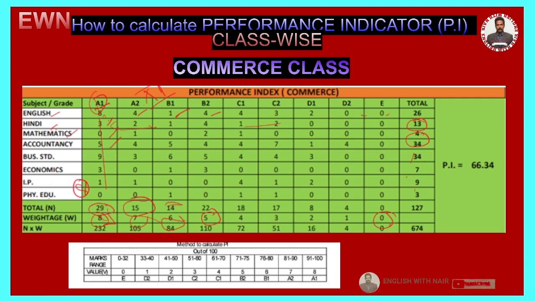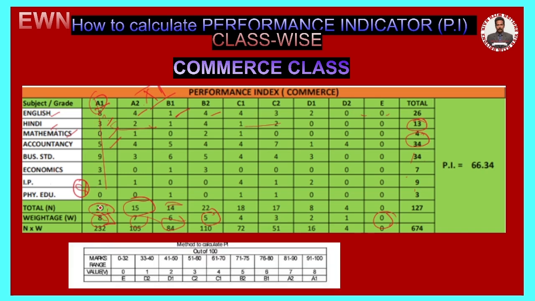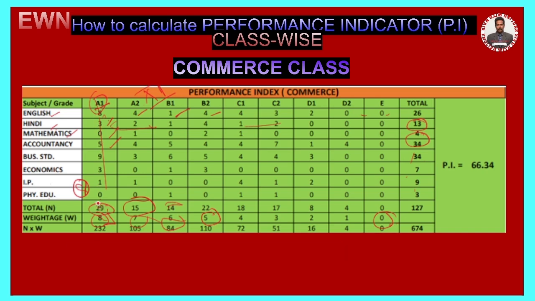But this one will vary. So how many got A1? So we are adding all these things across all the subjects. 29 students got A1, because we are calculating this for the class, or in one sense for the school. Suppose 12th standard, there is the school result. So 29 students got A1, A2, and so on.